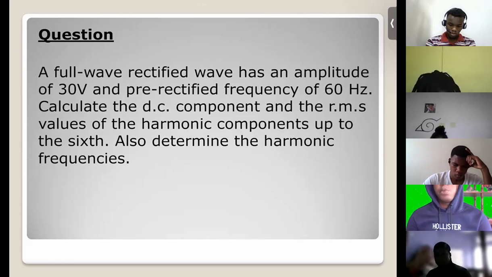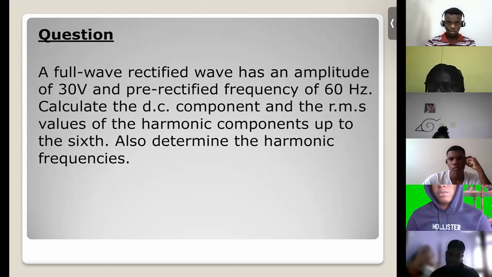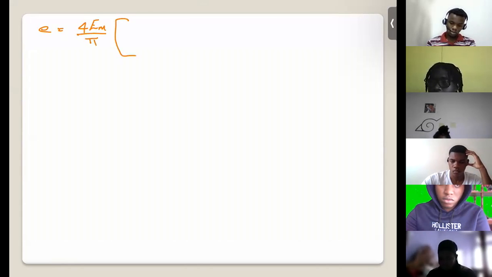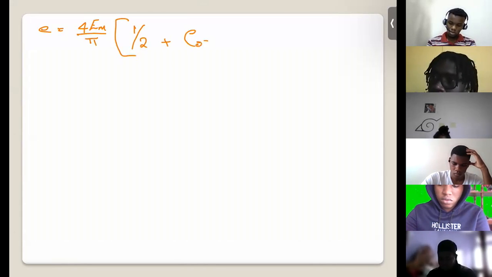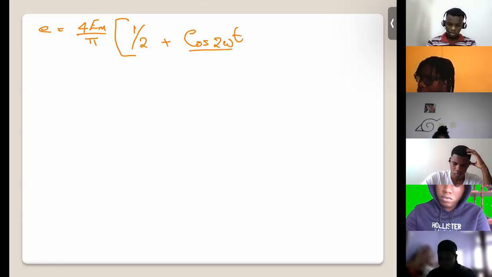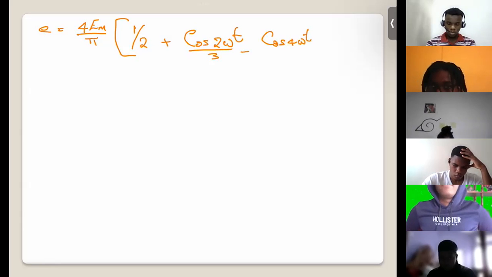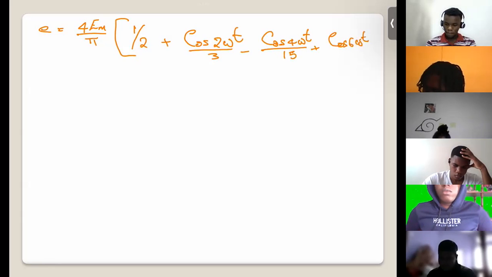All right. Now, for the full wave rectifier, the expression is that e is equal to 4EM over pi, into a half plus cos 2 omega t over 3, minus cos 4 omega t over 15, plus cos 6 omega t over 35.